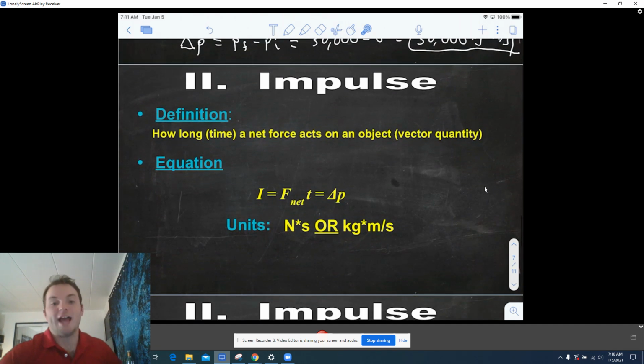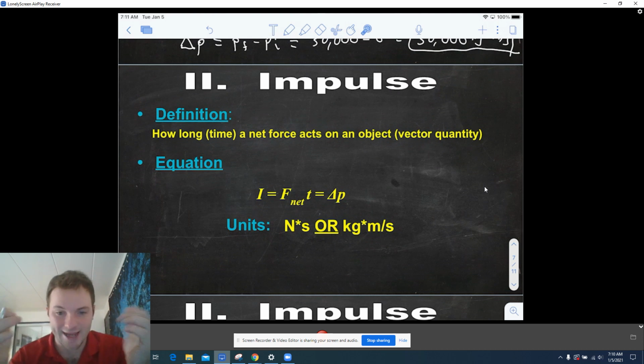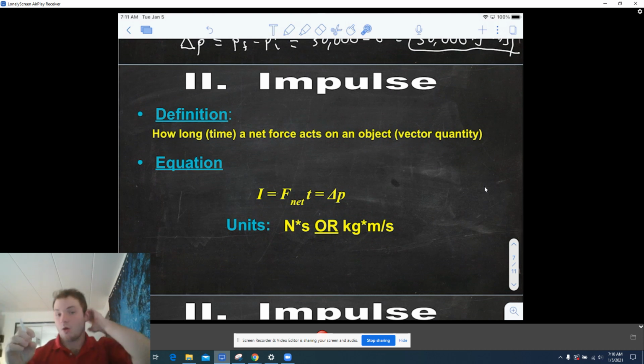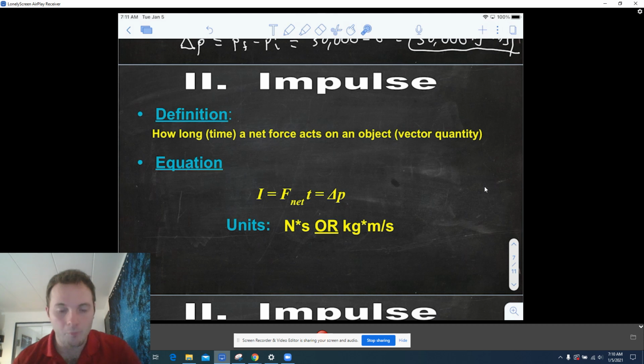Okay. The other thing we're learning today is impulse. What impulse is, it's how long a net force acts on an object. Impulse is a word that's not used as much. So impulse is how long a force acts. Throughout what we've been doing so far, we talked about forces in the force unit where F equals ma.